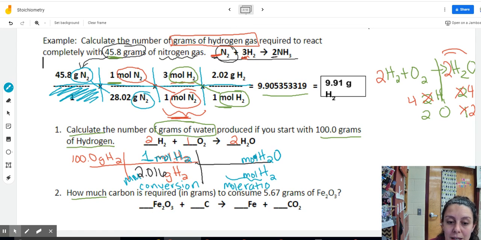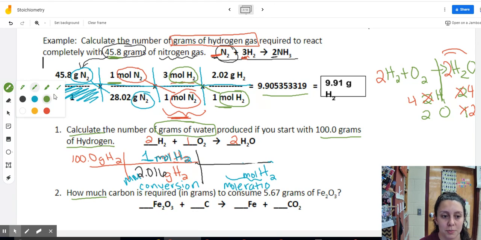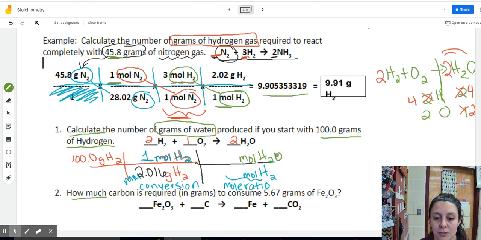Okay, so because you took those words and brought them down to the right, that right there guarantees that you're going to put everything into the right spots. Okay, that's why we pressure you guys to bring your words down to the right. All right, so moles of H2O. All right, so now that we have that ready to go, let's go ahead and fill in what we got.